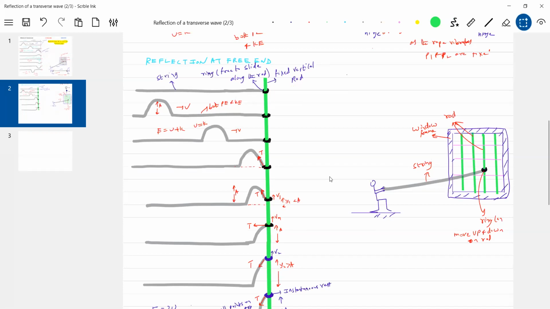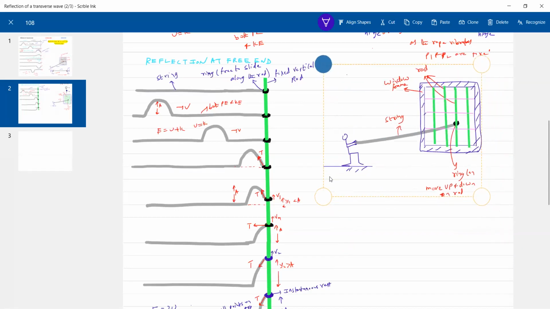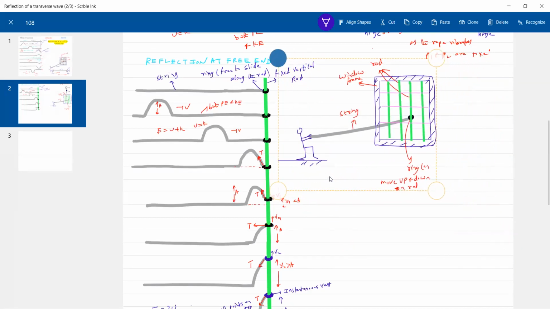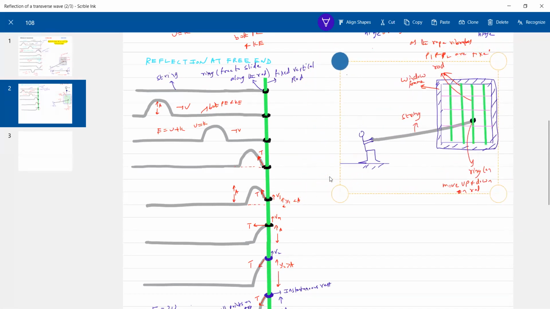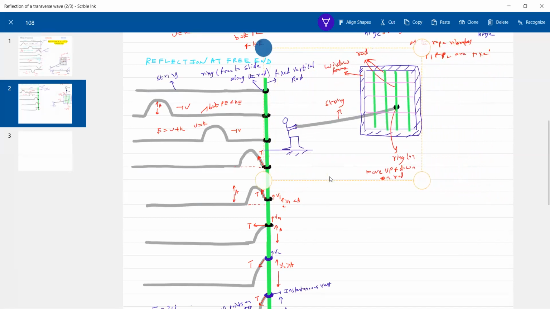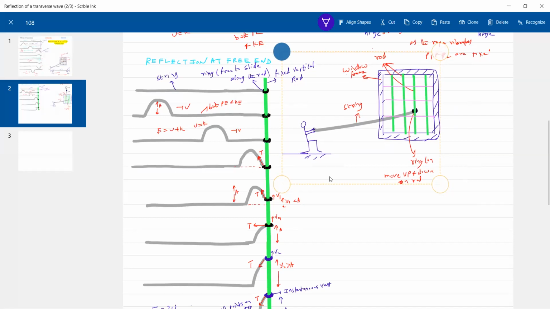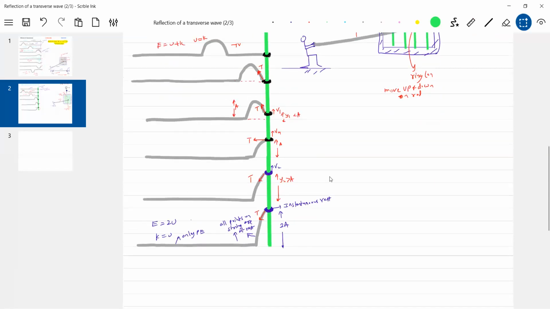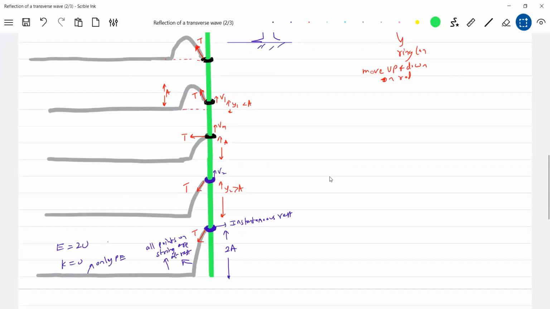Okay, now we have places there. Next part, after this, what will happen? After this, what will happen?